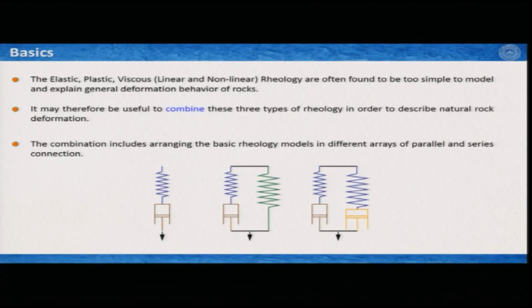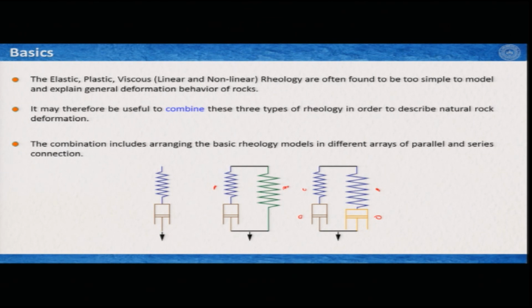So, it is important that we combine these three types of basic rheology in order to describe natural rock deformation. And the possible combinations are many. As you can see here, I have added a spring and a dashpot, then springs of two different properties and a dashpot, then two different springs, two different dashpots. You can arrange them in parallel and series, and then again parallel and series and so on.